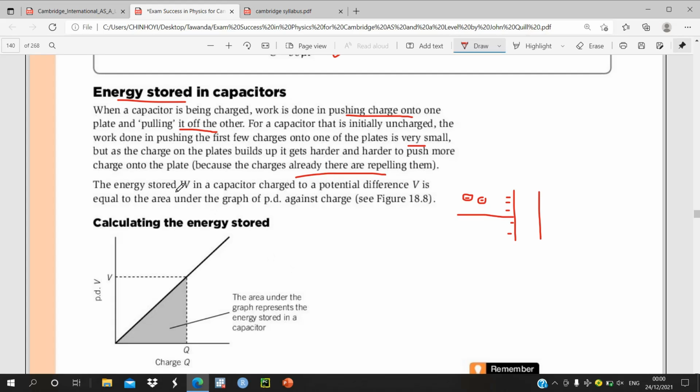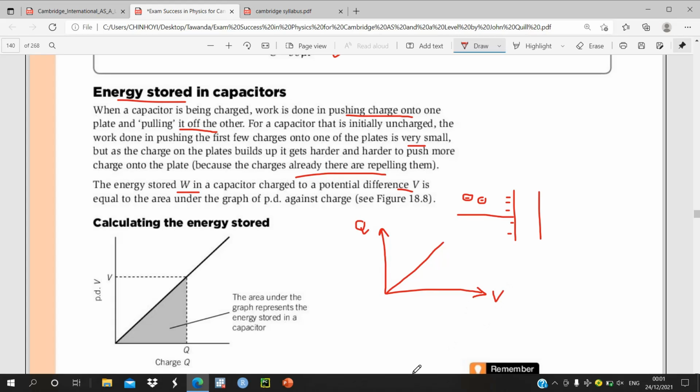So the energy stored in a capacitor, W, charged to a potential difference V, is equal to the area under the graph, like this one. If we plot the voltage here and charge here, this shaded area represents the energy stored in a capacitor. In an exam, they may give you this diagram and say shade the region representing the energy stored in a capacitor. They will just twist it, they will put charge here and voltage here.